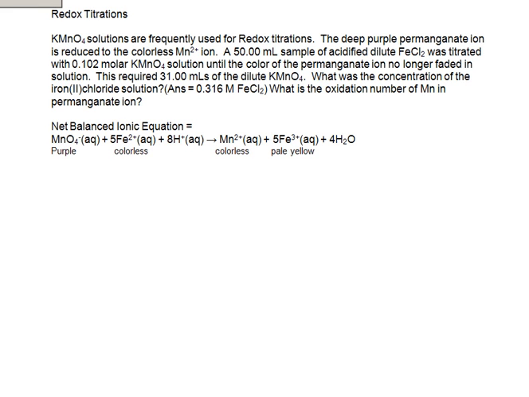So first of all, let's write down everything we know to try to give us an idea of how we're going to attack this problem. So this is everything we know. We know we have 0.500 liters of the FeCl2 solution.